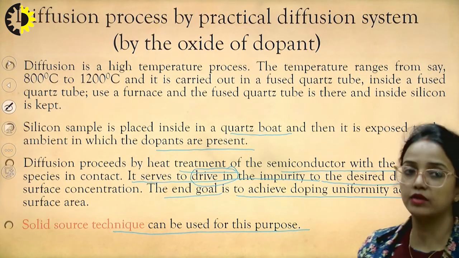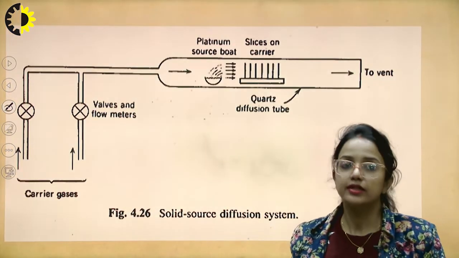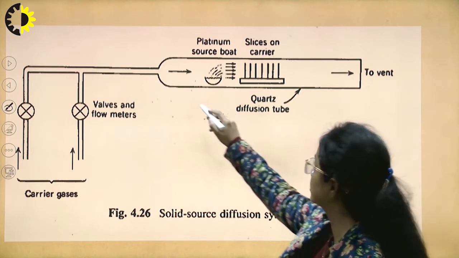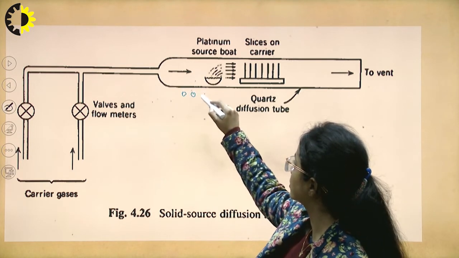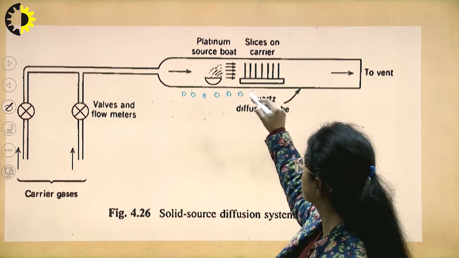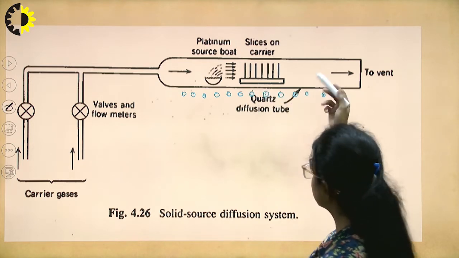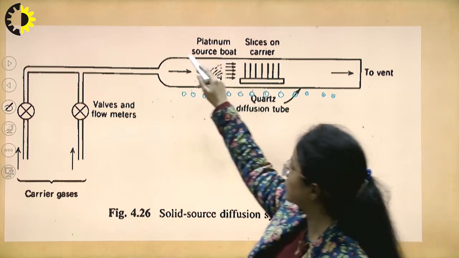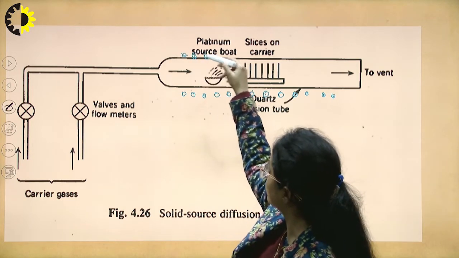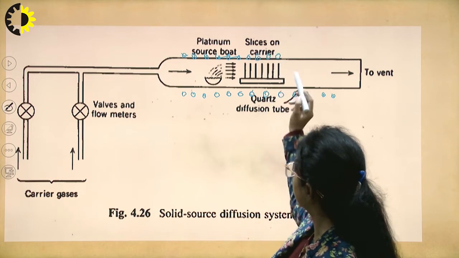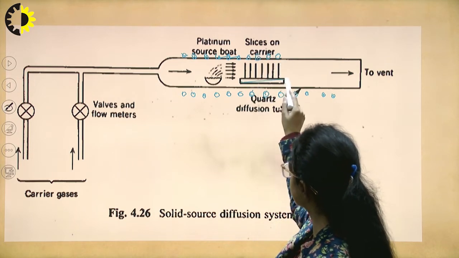We have a diagram related to this. This is that diagram. We can see this is a quartz boat, and I am drawing the heaters. These heaters will very efficiently increase the temperature. So we have the heaters at the top and also at the bottom. This is a quartz boat, and this is a susceptor.